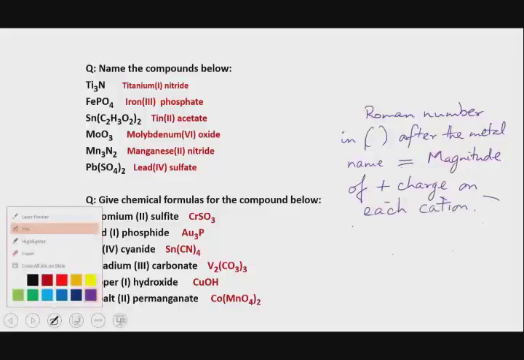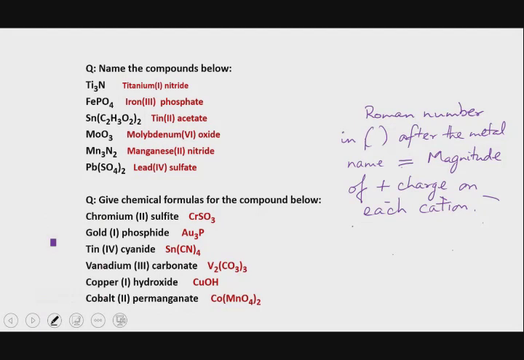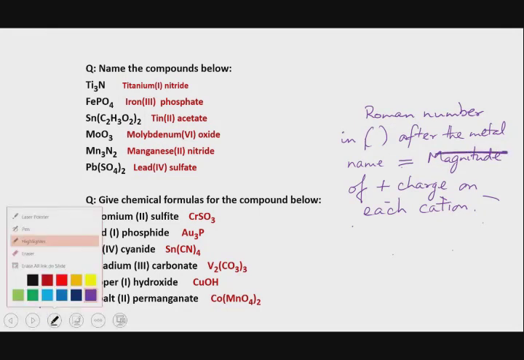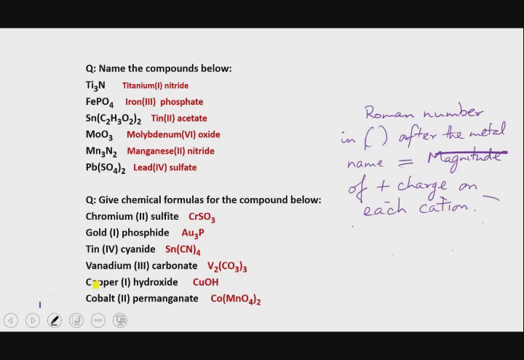So please highlight this statement because it is something that you have to remember. It doesn't give you the number of cations. Instead, it gives you the magnitude of the charge on each cation. Without giving that information, the name of such compounds is incomplete.